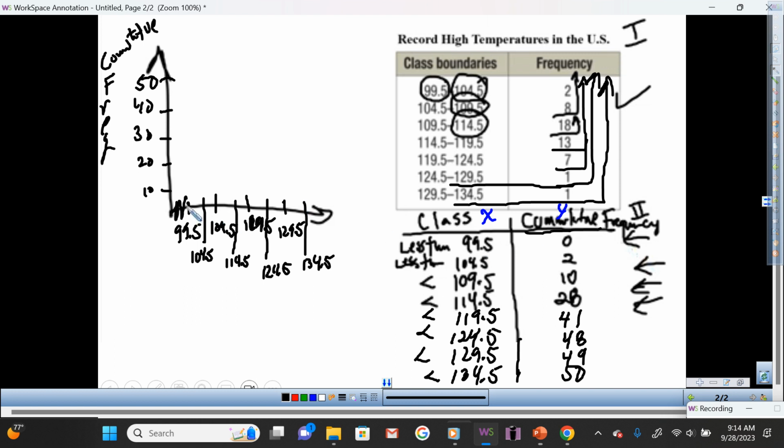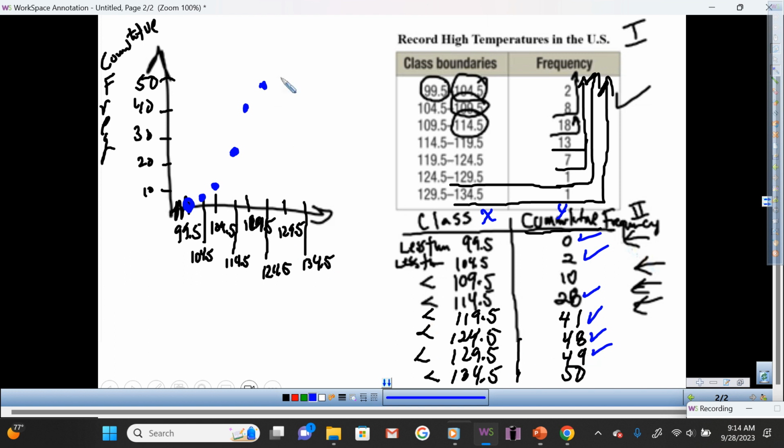All right, so 99.5 is at 0. Let me do that in blue. 104.5 is at 2, so very close to the axis. 109.5 is at 10. 114.5 at 28. 119.5 at 41, very close to the 40. 124.5 at 48, close to 50.